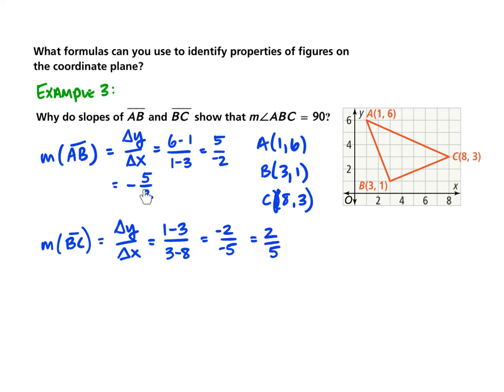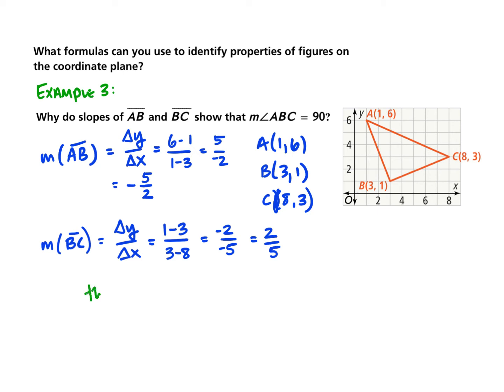So the question is, how do these two slopes show that this is a 90-degree angle? Well, if I look at these slopes, I notice that they are opposite reciprocals of one another. This one is negative, this one's positive, and 5/2 here, 2/5 here. The numerator becomes the denominator, and the denominator becomes the numerator. So that's how it shows us that that's a 90-degree angle.